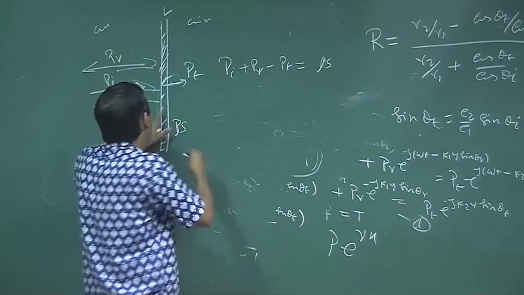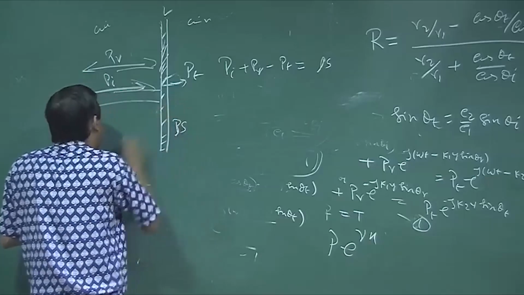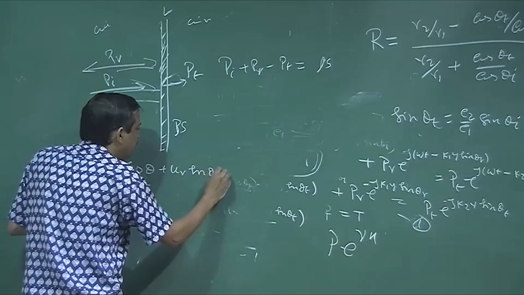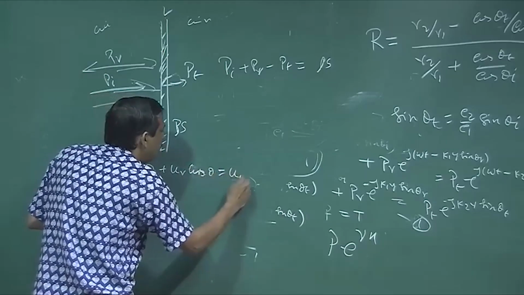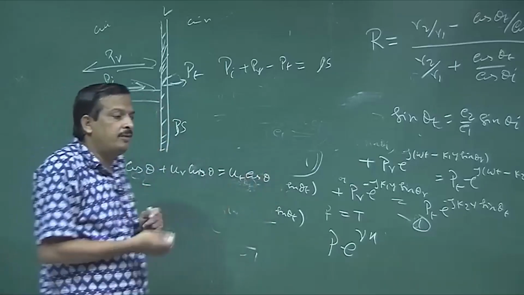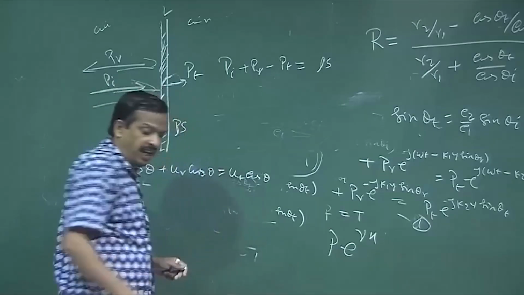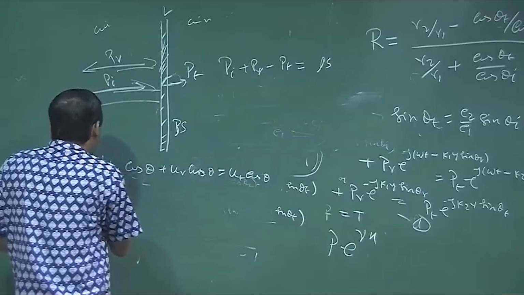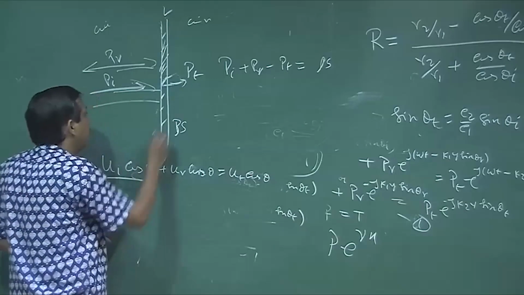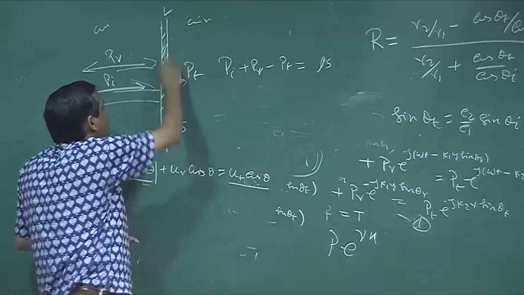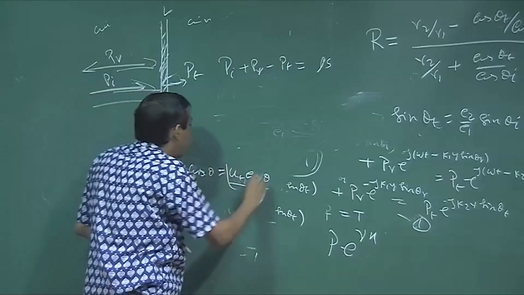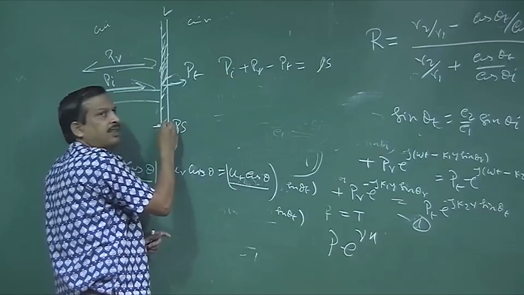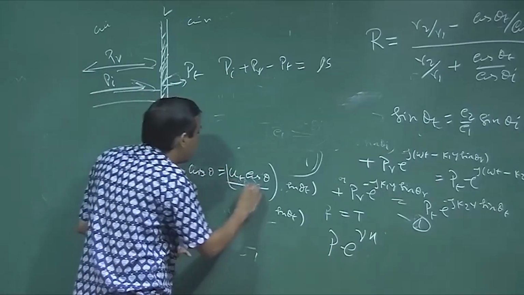What is the acceleration? The normal component of the particle velocity on this side is ui cos theta plus ur cos theta, which is equal to ut cos theta, where theta is the angle of incidence. The transmitted wave velocity is ut cos theta, so the particle velocity inside this thin layer is ut cos theta.